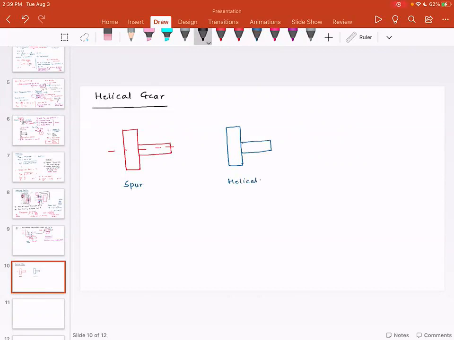If you look at the way the teeth are cut on the spur gear, the teeth are cut parallel to the axis. Let me try to sketch the spur gear.